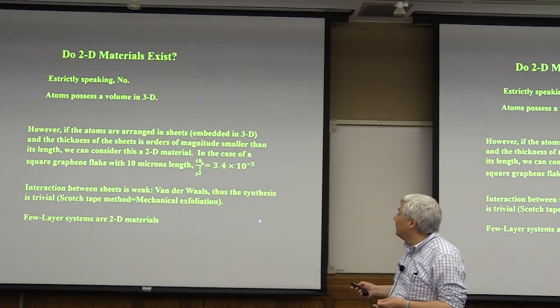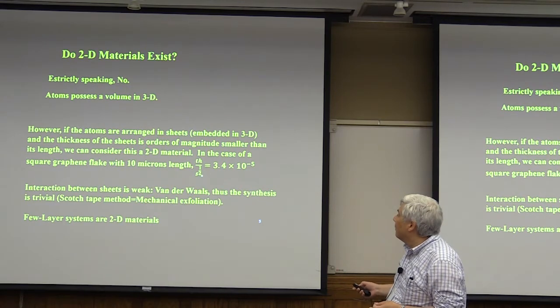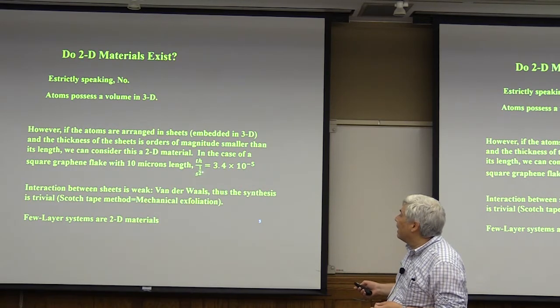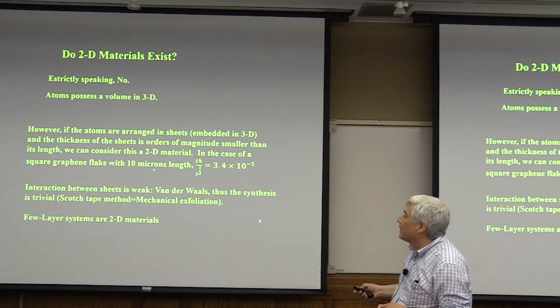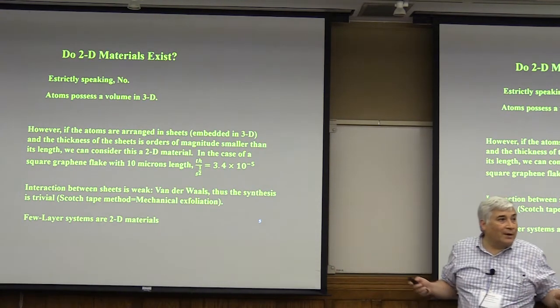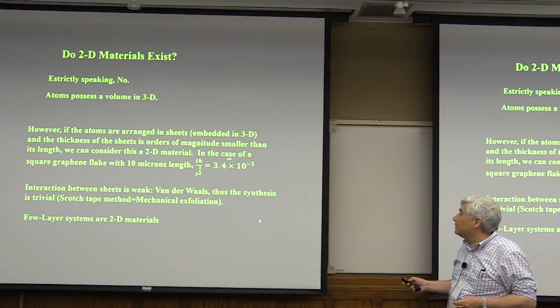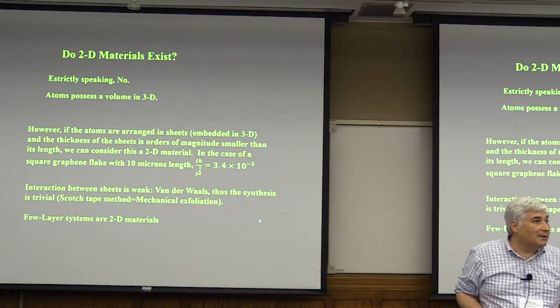What I have done here is divide the thickness of the surface by the lateral size of a 10 micron square flake of graphene, and this is the number that you get.